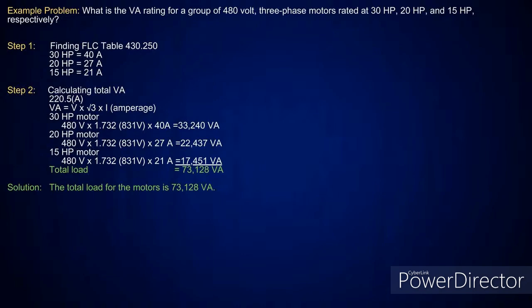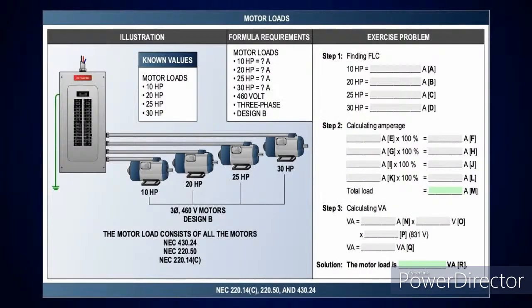Is that a different calculation, or is it the same? Sure, you just take it at 480 times 21 to get your VA. Okay. If it was a 120 volt motor, say it's 21 amps, you take 120 volts times 21, and that'll give you your VA. So the rating of the drive changes, but the calculation doesn't. That's right. All right, got you.